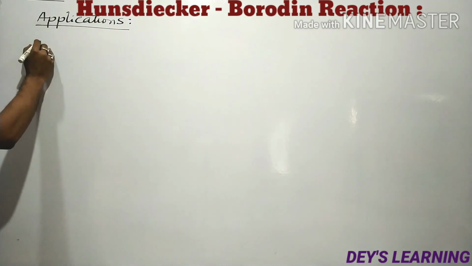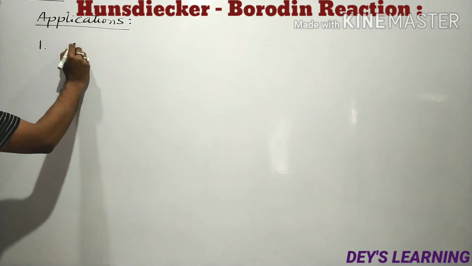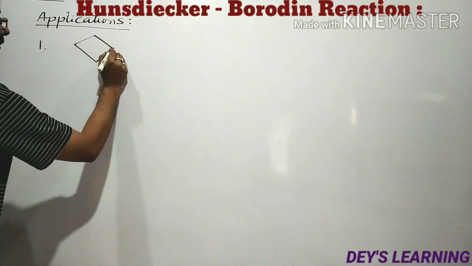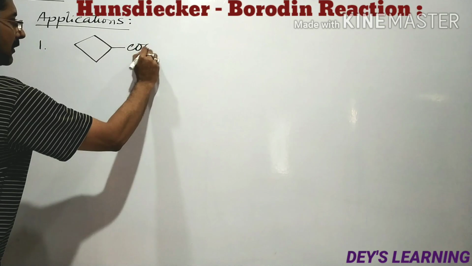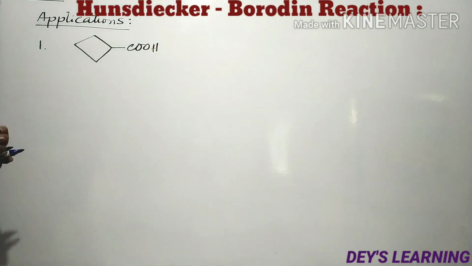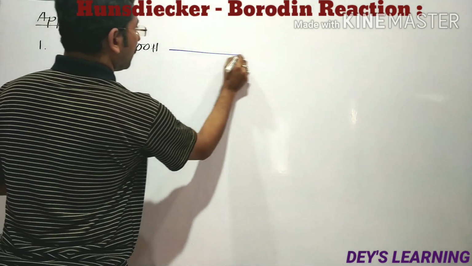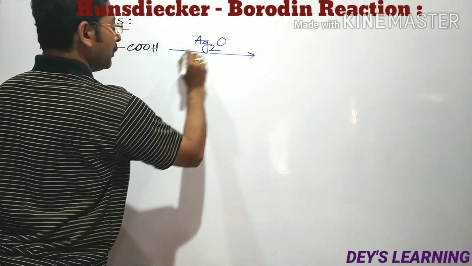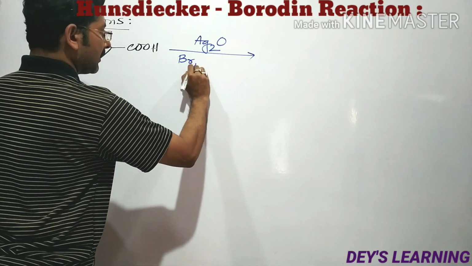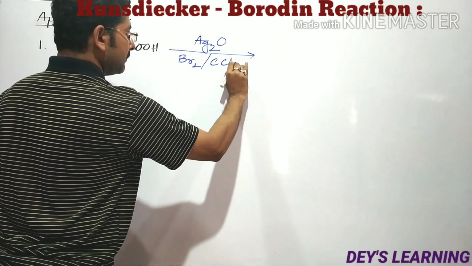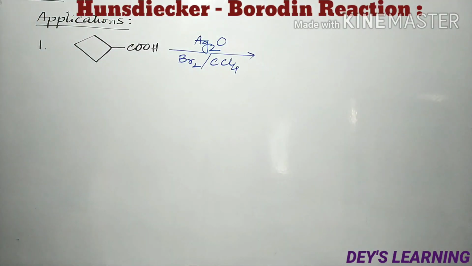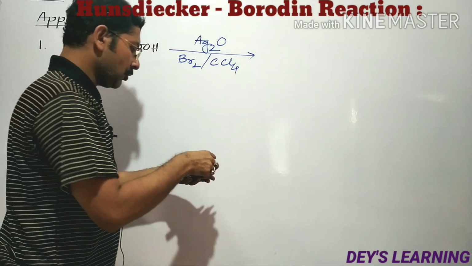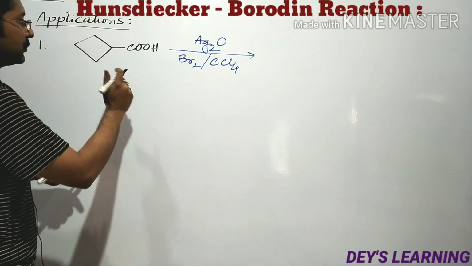Applications. Number one, if we have this type of intermediate, this type of substrate, on reaction of this compound by silver oxide Ag2O and then bromine in CCl4 medium, the product will be obviously silver carboxylate will be formed and bromine will substitute this portion.